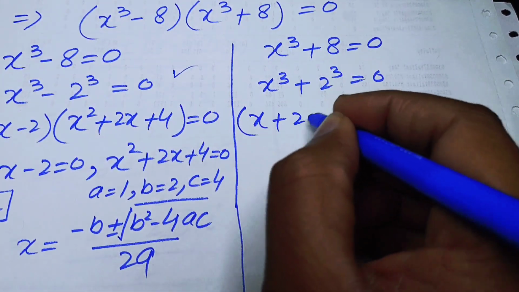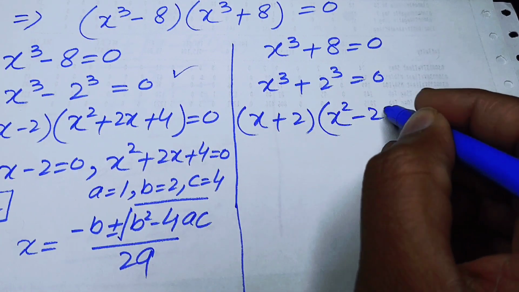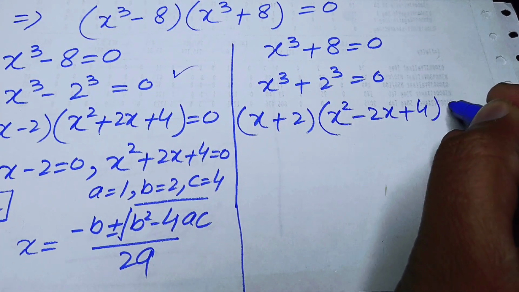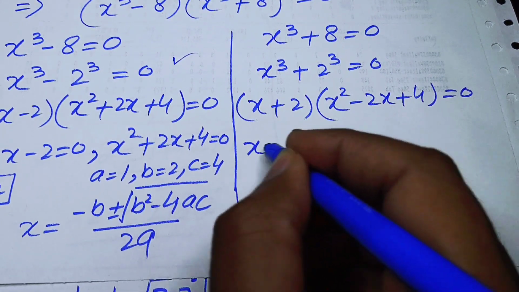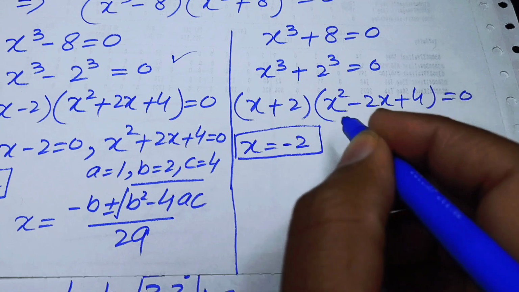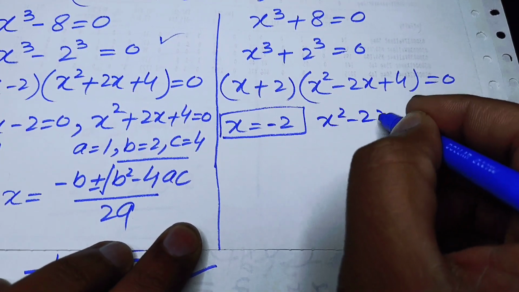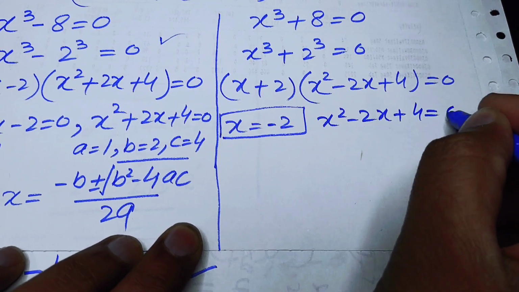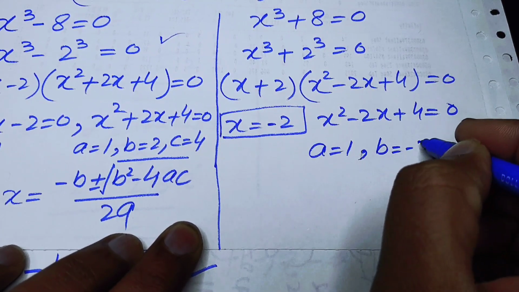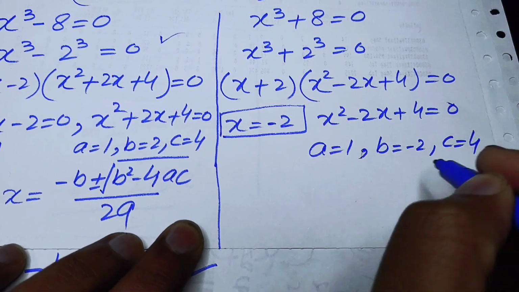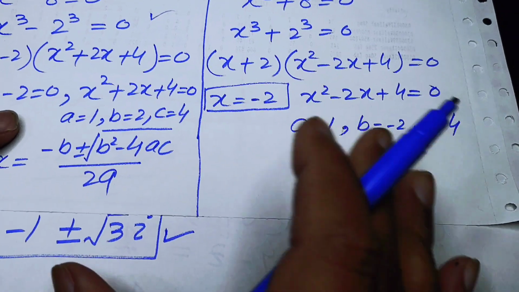You will obtain (x plus 2) times (x squared minus 2x plus 4) is equal to 0, and you obtain one root, x is equal to minus 2. Now for x squared minus 2x plus 4 is equal to 0, the value of a is 1, b is minus 2, and c is 4, and you will apply the quadratic formula to find the other values of x.